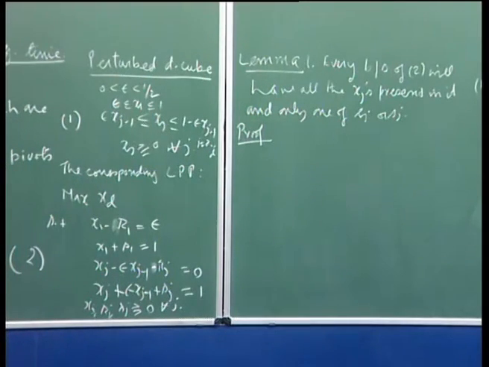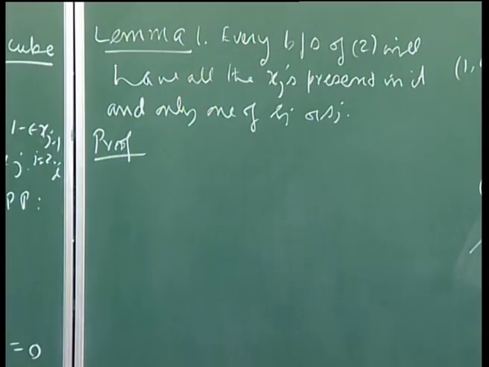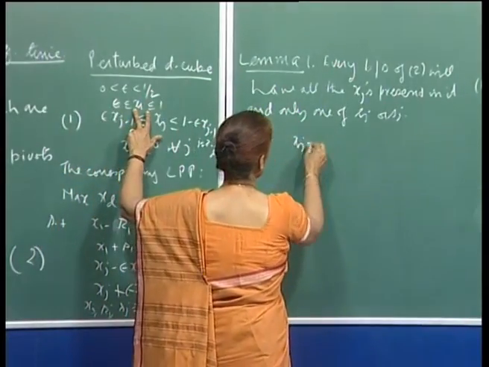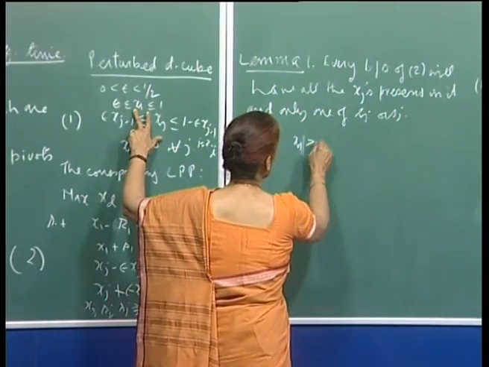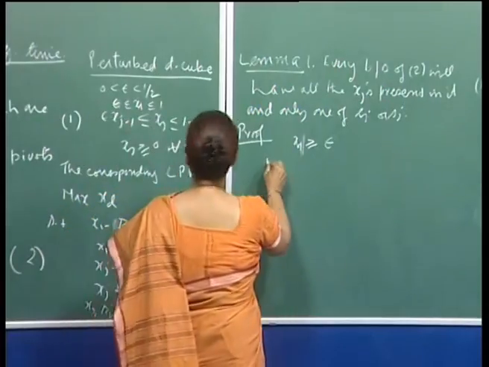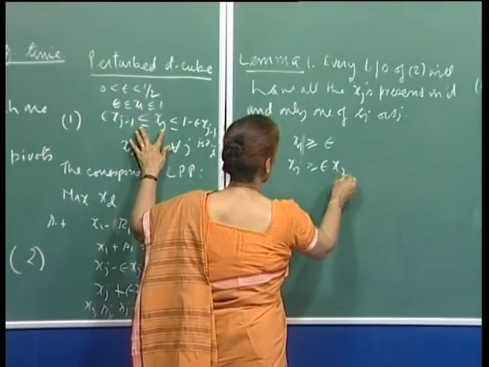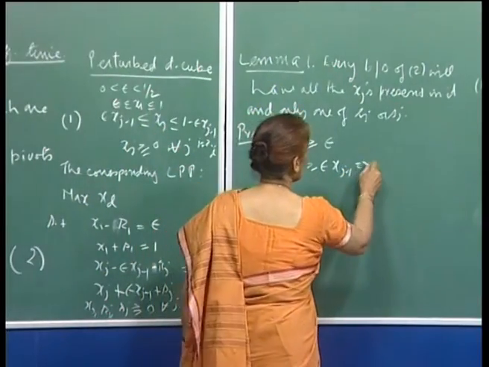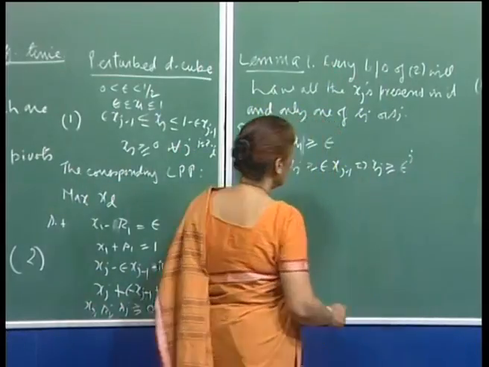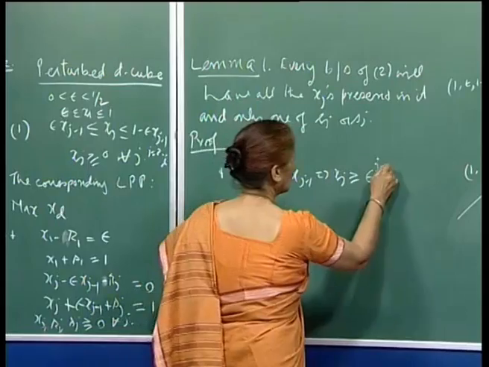Okay. So, now let us see. From this constraint we have that x1 is greater than or equal to epsilon, and from this one xj is greater than or equal to epsilon xj minus 1, which implies that xj is greater than or equal to epsilon j, because I think it will be j minus 1.